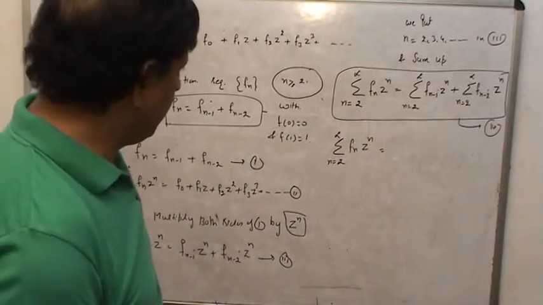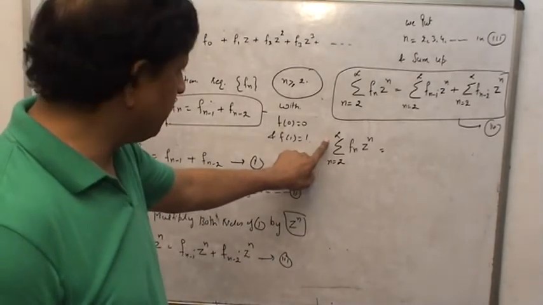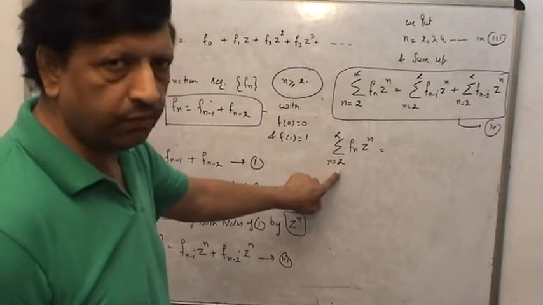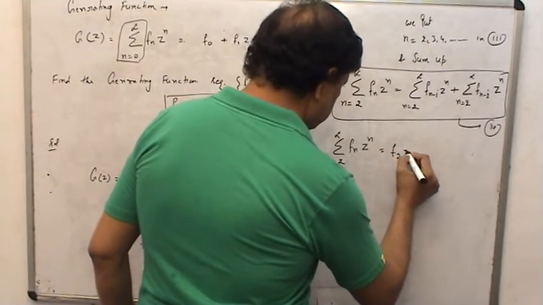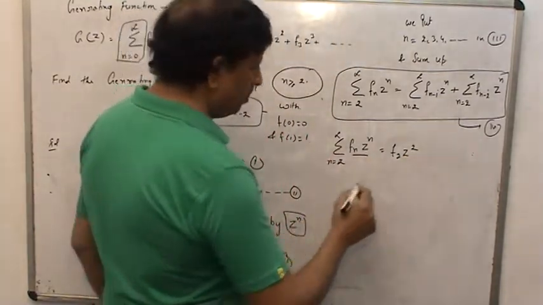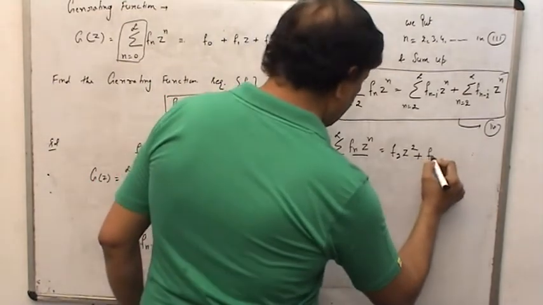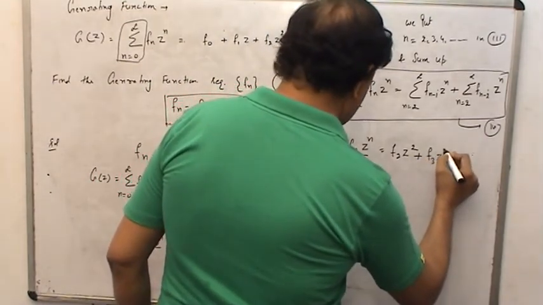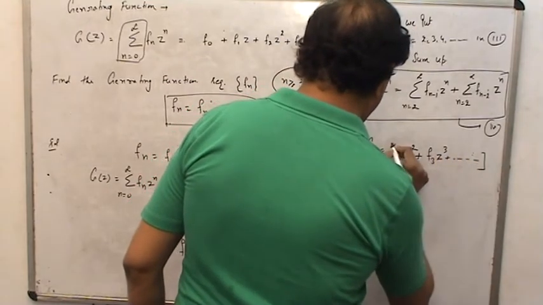Let us see here. The variation of n is from 2 to infinity. We start putting the value of 2. That will give f2 z square in this function. n is equal to 2. Summation means plus. Then n is equal to 3, f3 z cube plus so on.